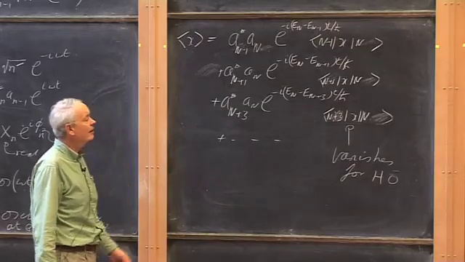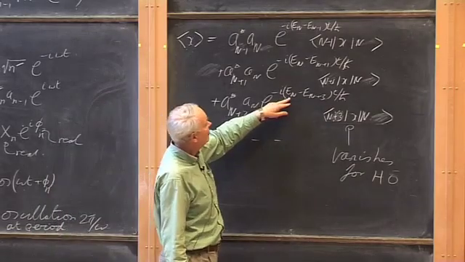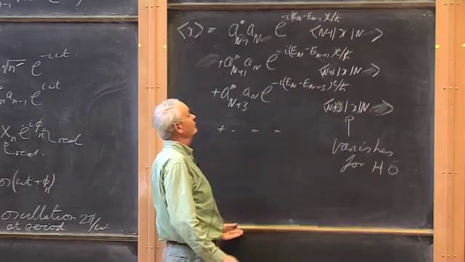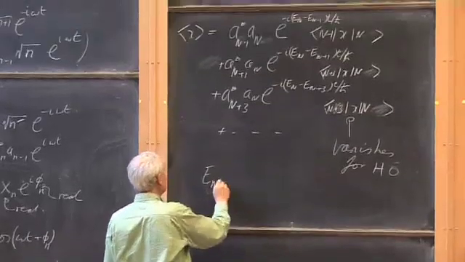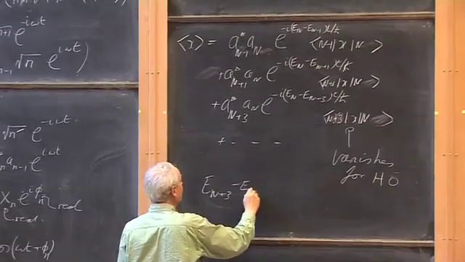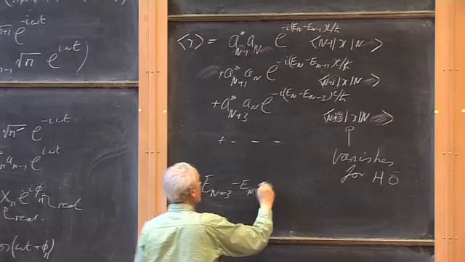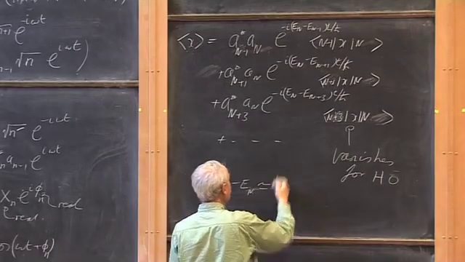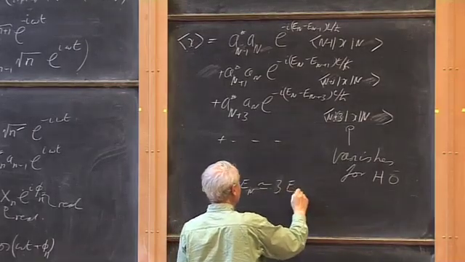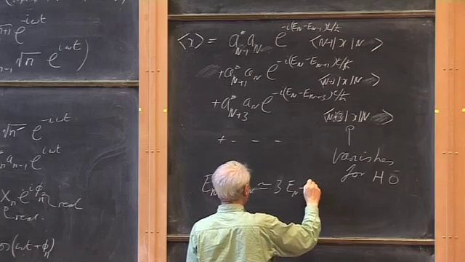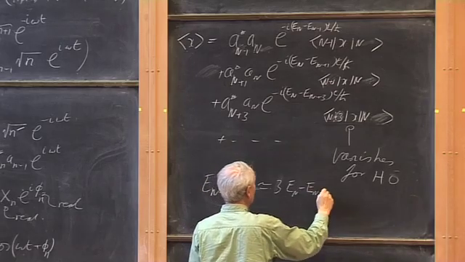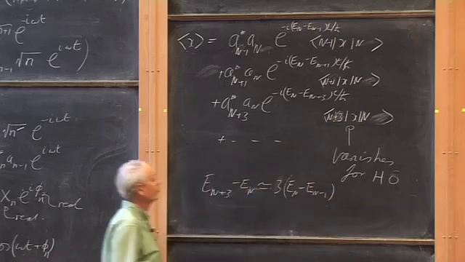Now, that has an important consequence, because this frequency, so E_{n+3} minus E_n, is going to be on the order of 3 times E_n minus E_{n-1}. Right?